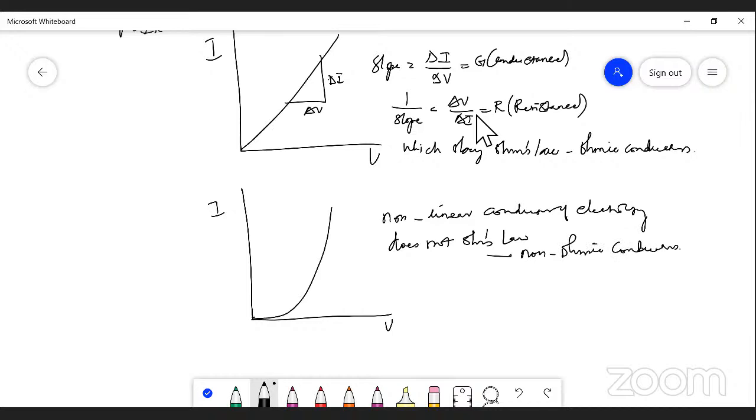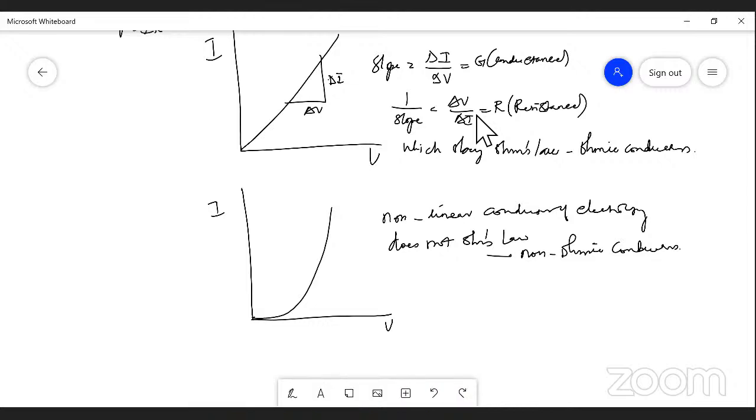This is a non-linear conductor of electricity. Actually, a diode does not obey Ohm's law. The behavior of a diode, which is a conducting medium, shows a non-linear plot. So it does not obey Ohm's law. So it's a non-ohmic conductor.